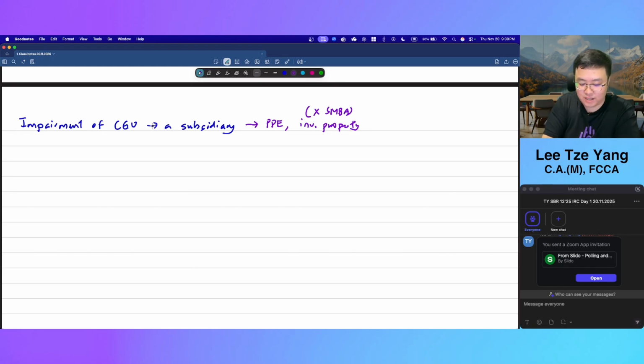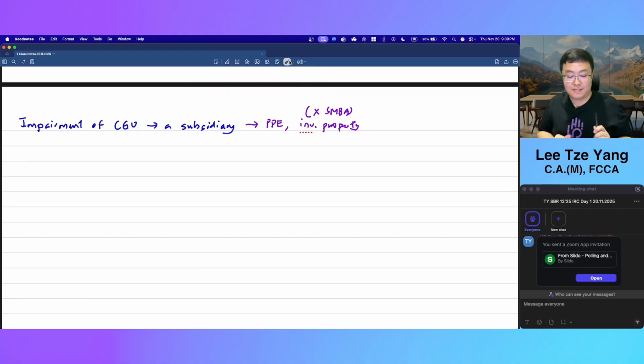So now, if I do impairment of this subsidiary, you know how we do impairment of a subsidiary, right? We will first measure the CA and the recoverable amount. If there's any difference, then it's impairment. So can anyone of you tell me, the first impairment should go to where?